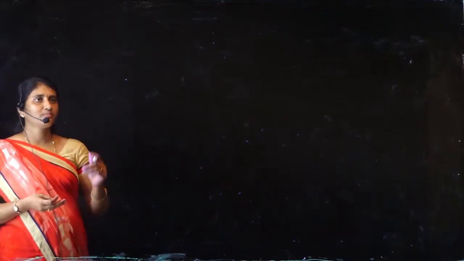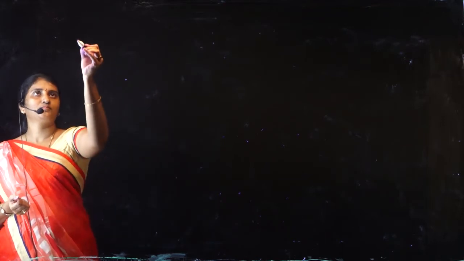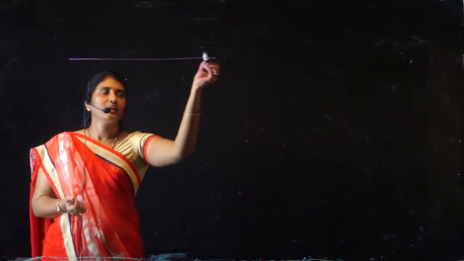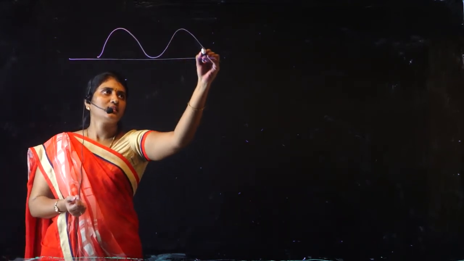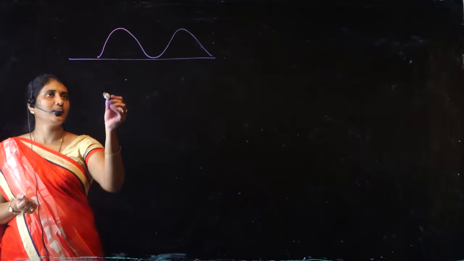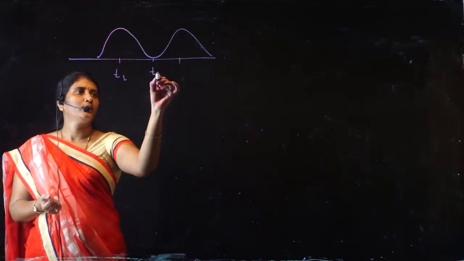See how the dispersion and pulse spreading happens in an optical fiber. So let us take a signal. These are the signal pulses that are traveling at different times, T1, T2, T3.